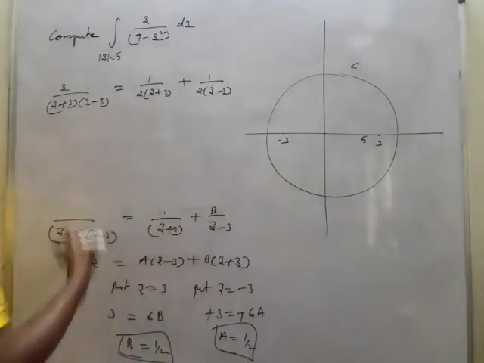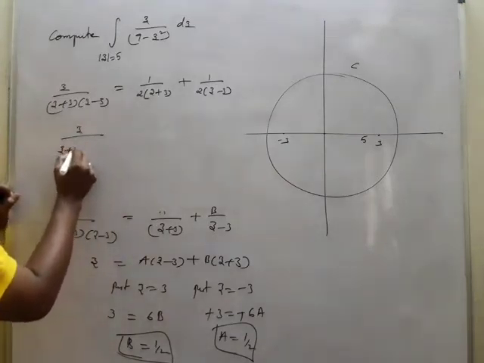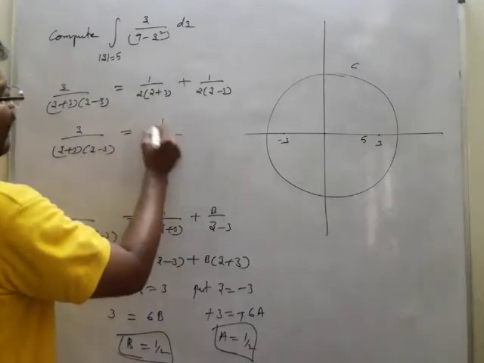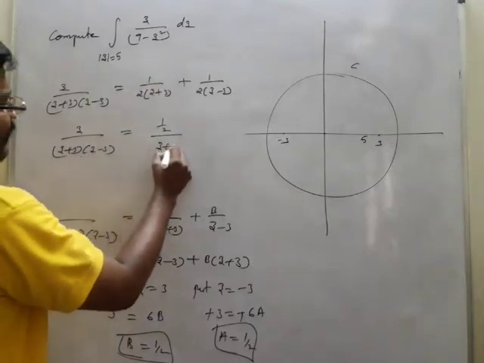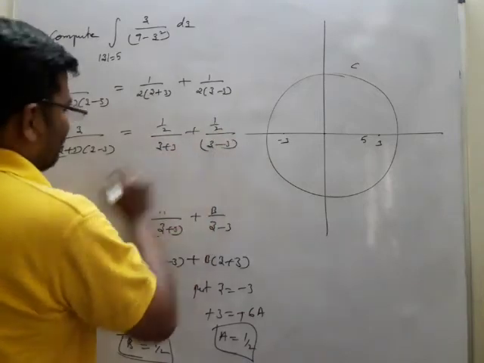Good. Now what you have to do, I may write this as z by (z plus 3)(z minus 3) is equal to 1 by 2 in the numerator, z plus 3, plus 1 by 2, z minus 3.